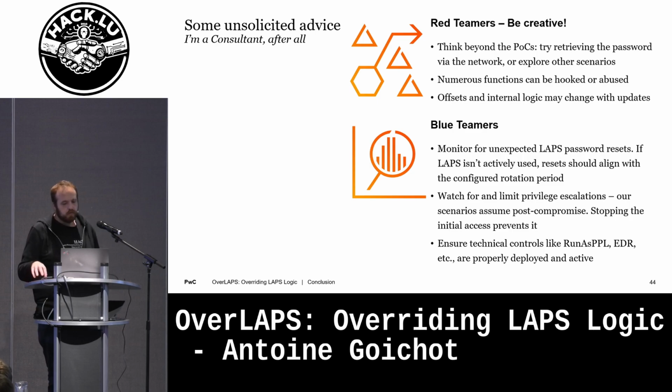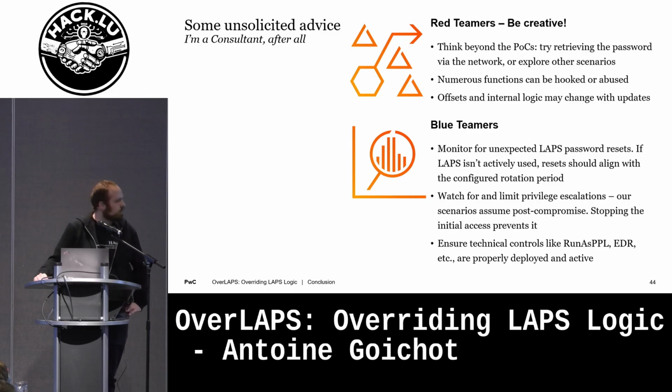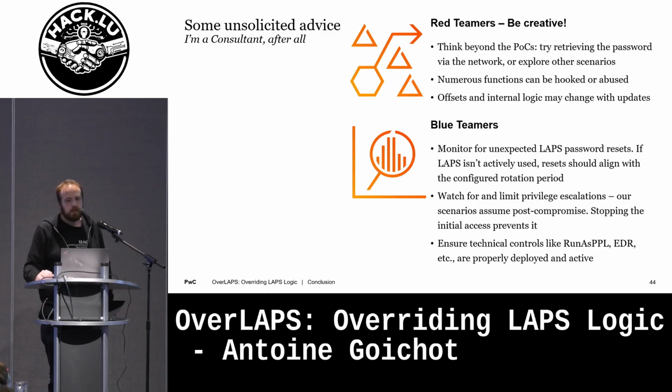For blue teamers, of course you can check for unexpected password resets of LAPS, because depending on how often you use LAPS in your organization, maybe the password will just expire naturally because it is not reset by an admin. So it should align with the configured rotation period, more or less with vacation maybe, but it could be an idea to implement a monitoring scenario on this.